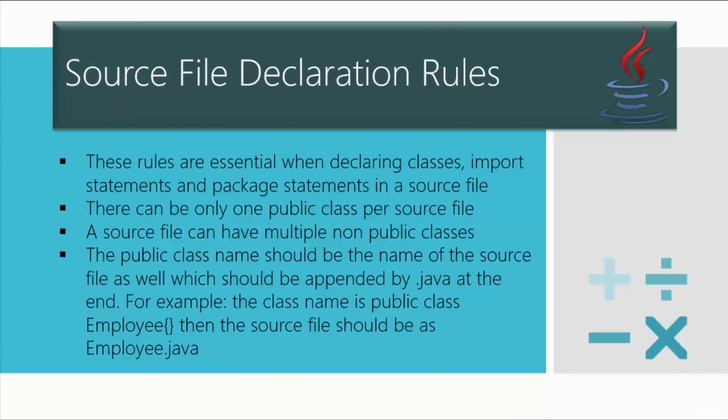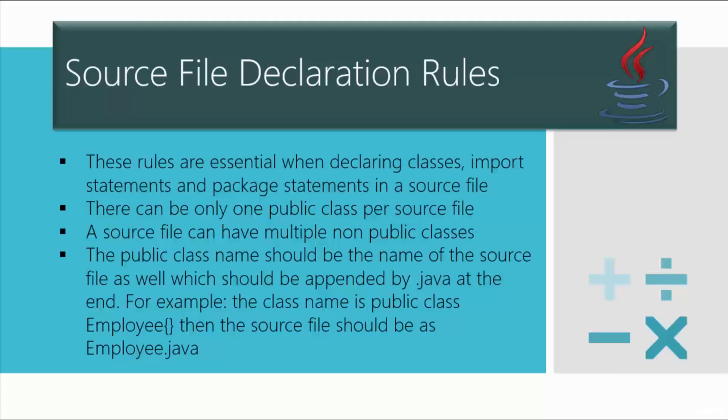Here are some additional important source file declaration rules. As we begin to work with Java more and more, we'll use the editor, for instance, and I'll demonstrate what these file declaration rules are and what we mean by these. But essentially, these rules are important when declaring classes, import statements, and package statements in a source file. There can be only one public class per source file.